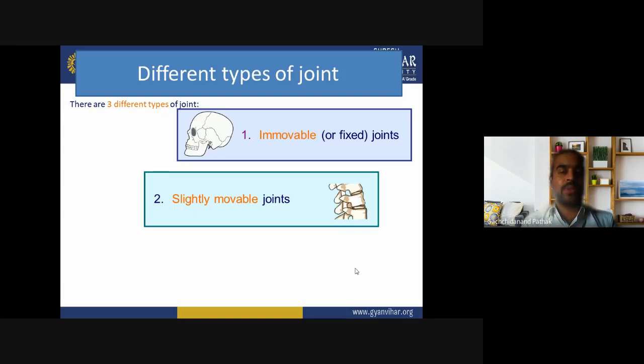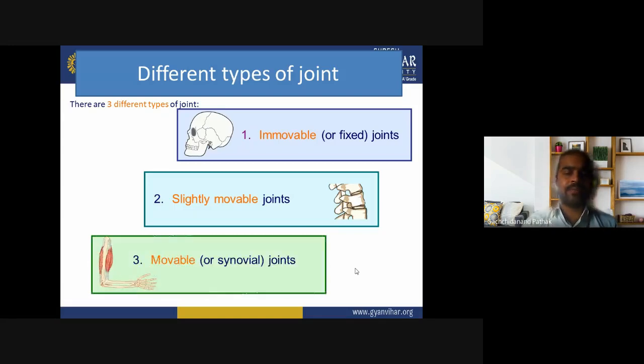So that is the slightly movable joint, you can move but a little bit. Third is the movable or synovial joint, that is the freely movable joint. So you can also see these types of joints. According to the movement, joints can be classified as immovable joints, slightly movable joints, and freely movable joints.